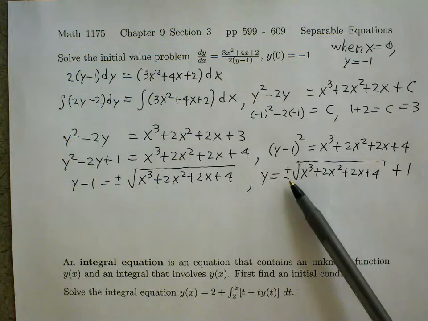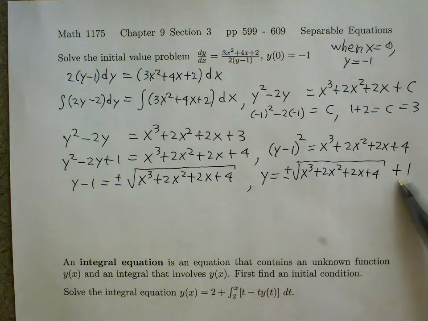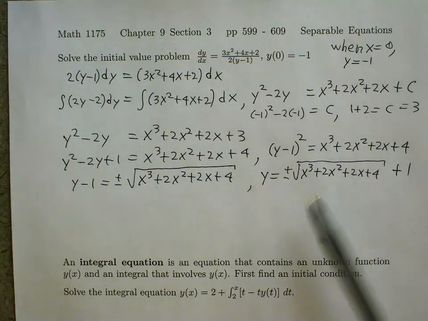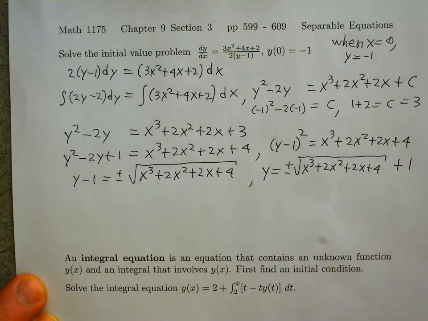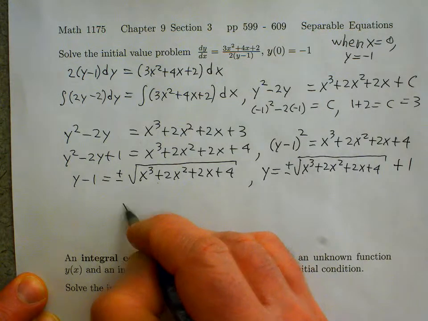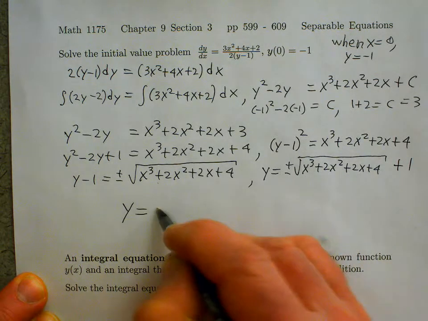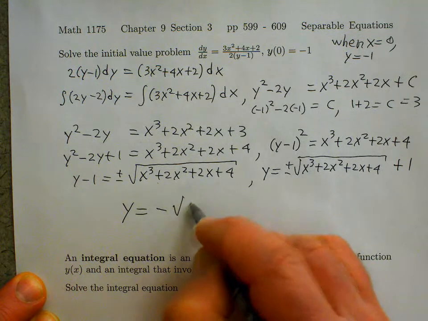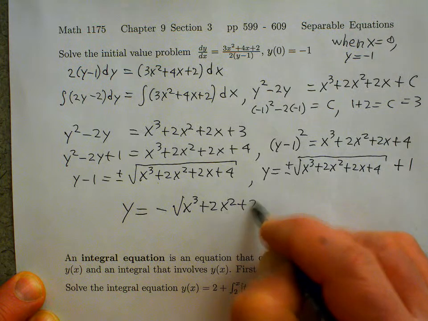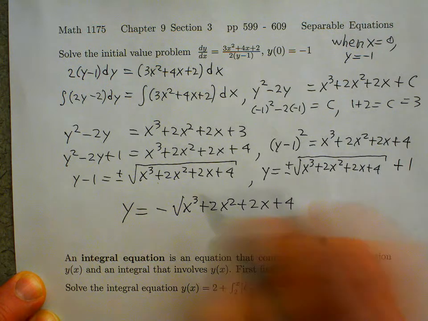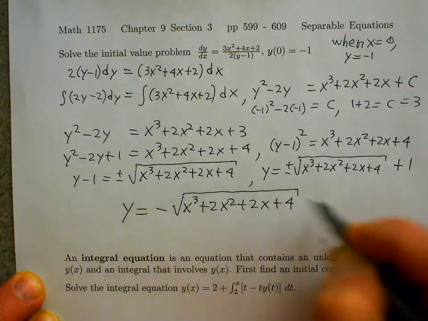So it looks like we want the negative solution because negative 2 plus 1 is negative 1. That's what the initial condition says. So our solution for y is negative square root of x to the third plus 2x squared plus 2x plus 4, and then plus 1 on the outside.